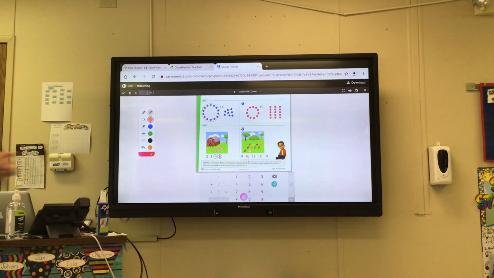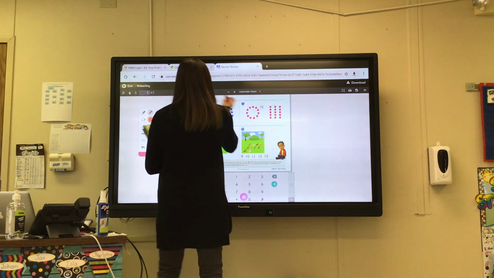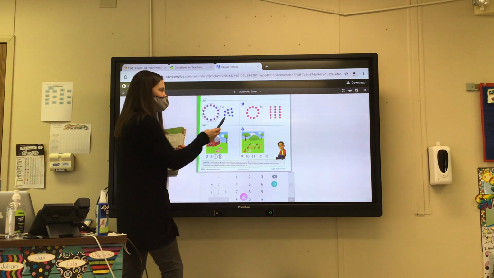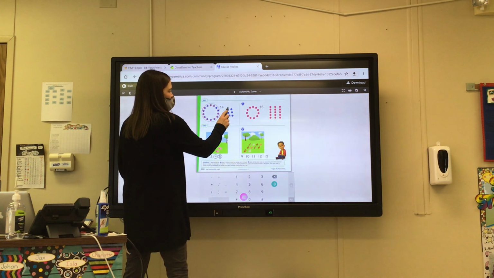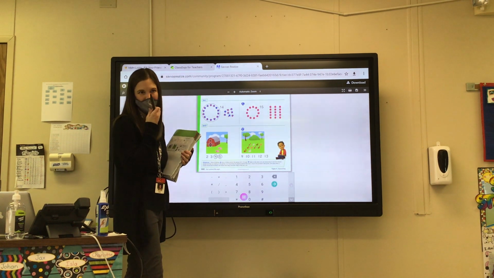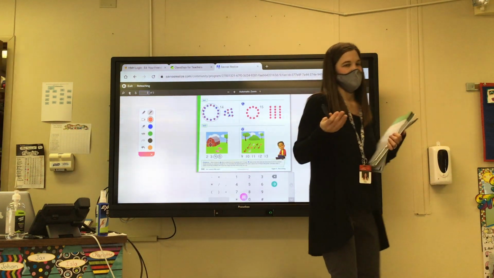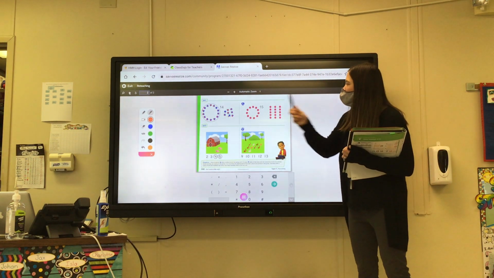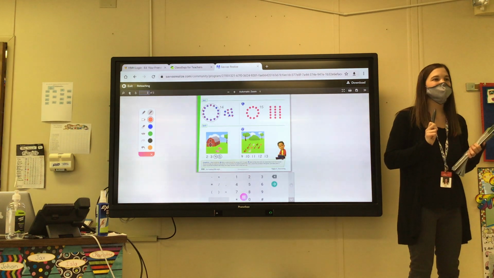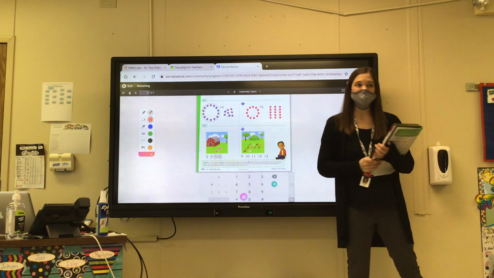Okay, so she counted 14 bugs and circled 14 bugs. Let's count here and make sure this isn't 14. 1, 2, 3, 4, 5, 6, 7, 8. It didn't look like 14, but we should count it just in case it was a group. Let's look over here at number 4. We're going to look for the group that has the number 15.